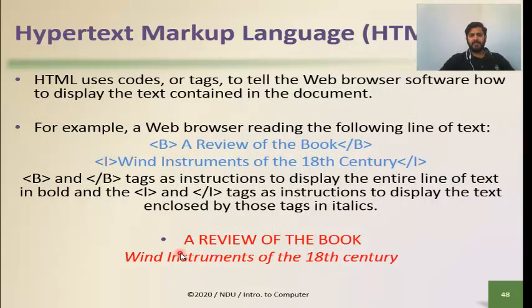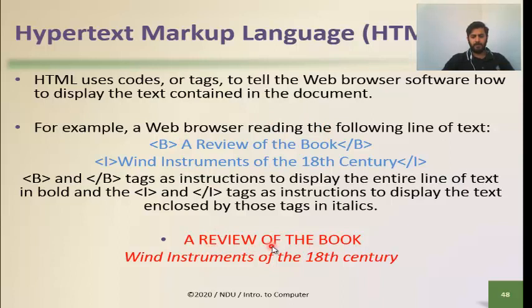Inside HTML, special codes and tags are used to build a relationship between the documents, the text version and the picture versions. For example, B stands for bold, so if I want to bold a review of a book text, I use these codes, and whatever I write inside appears in a bold way.